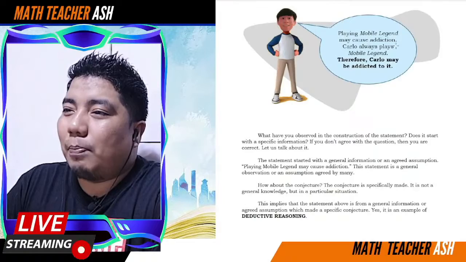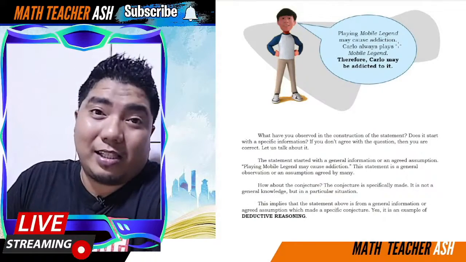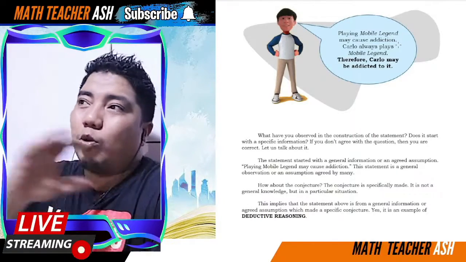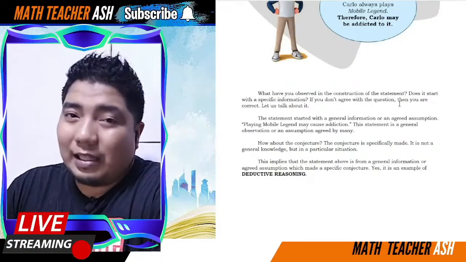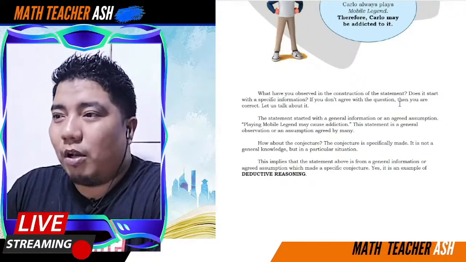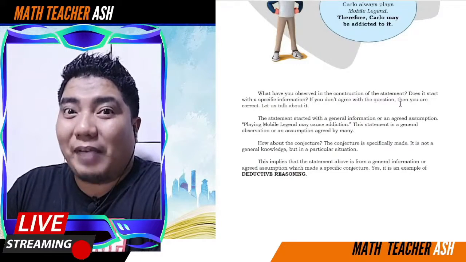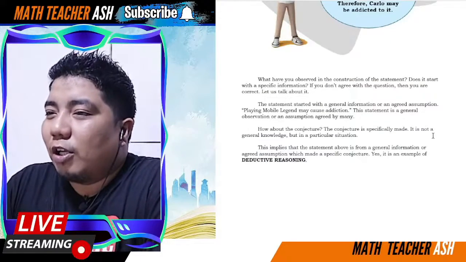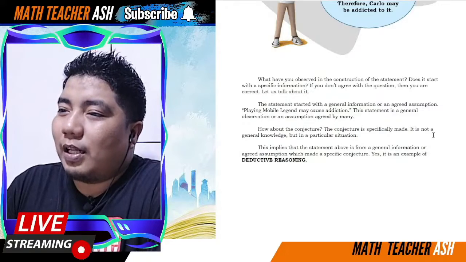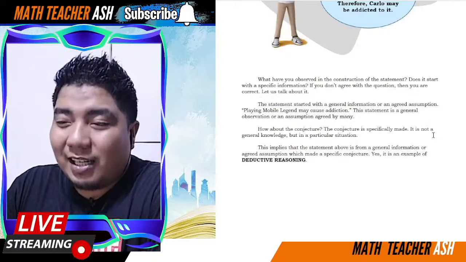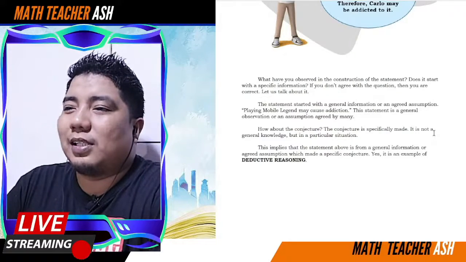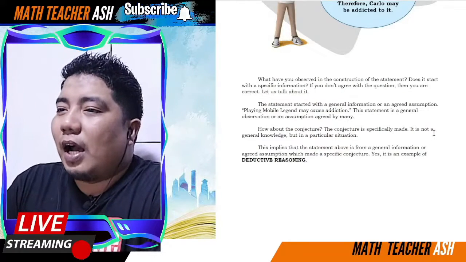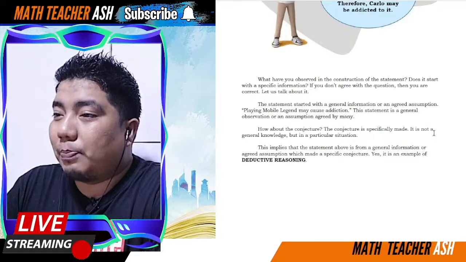So, as you can see, playing Mobile Legends may cause addiction. This is already a statement na dumaan sa napakaraming studies. Okay. So, it is from an acceptable fact. Ganon. Okay. So, the statement started with the general information or an agreed assumption. Playing Mobile Legend may cause addiction. This statement is a general observation. How about the conjecture? The conjecture is specifically made.